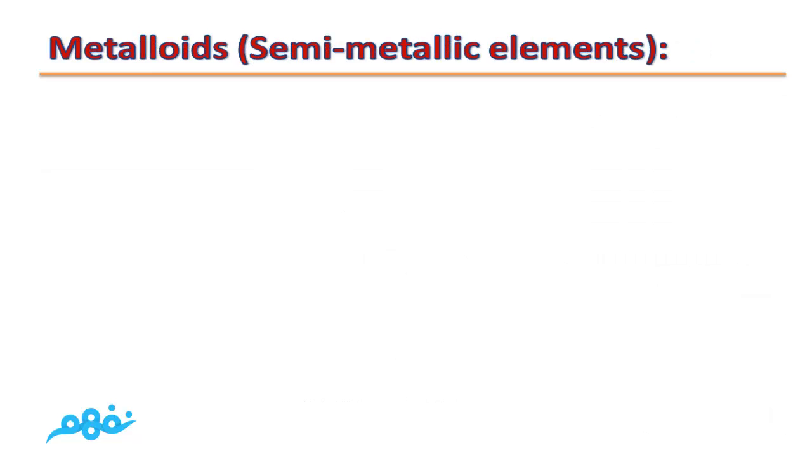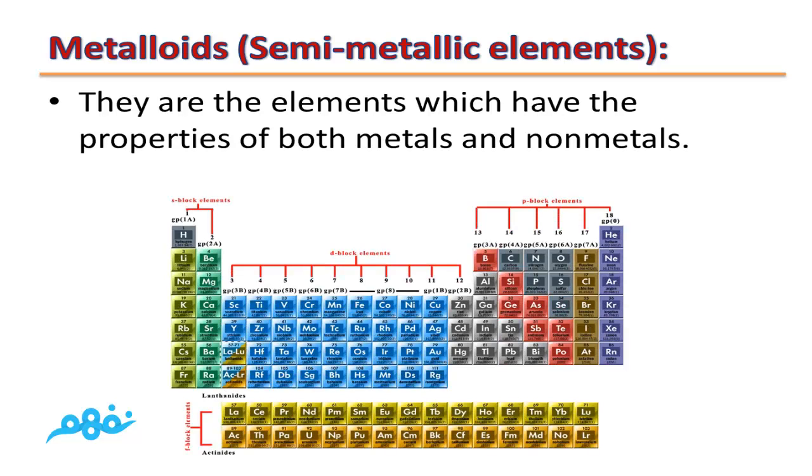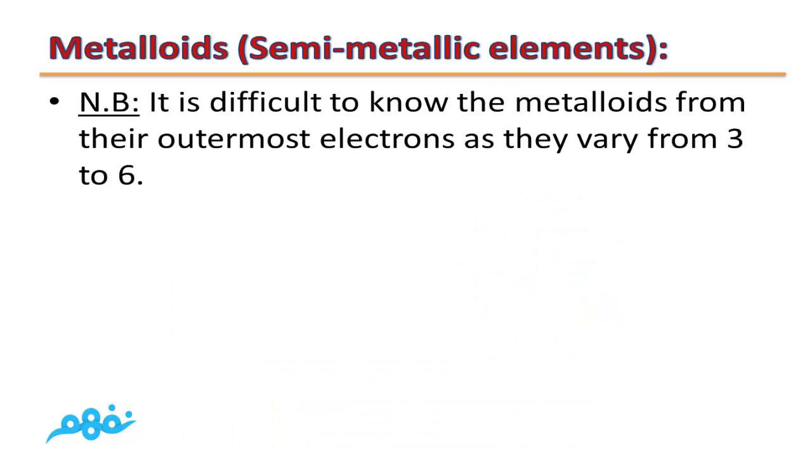Let's talk about metalloids or semi-metallic elements. What's meant by metalloids? They are the elements which have the properties of both metals and non-metals. Note the following. It is difficult to know the metalloids from their outermost electrons.